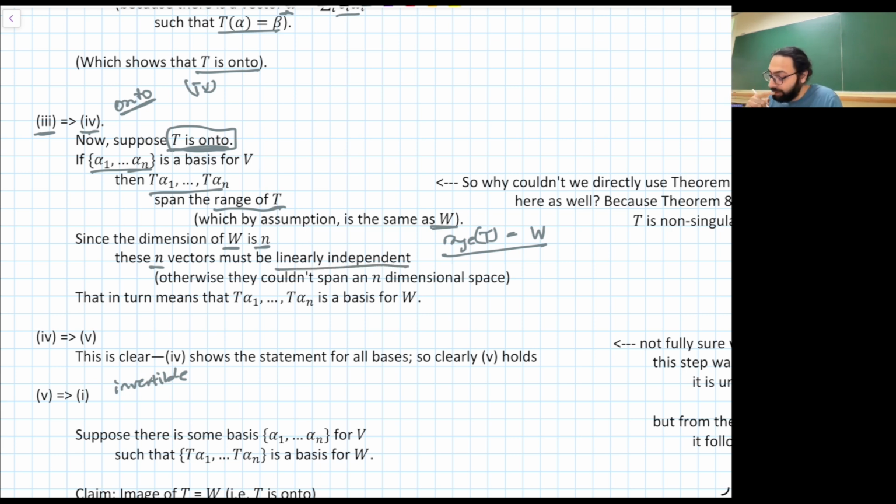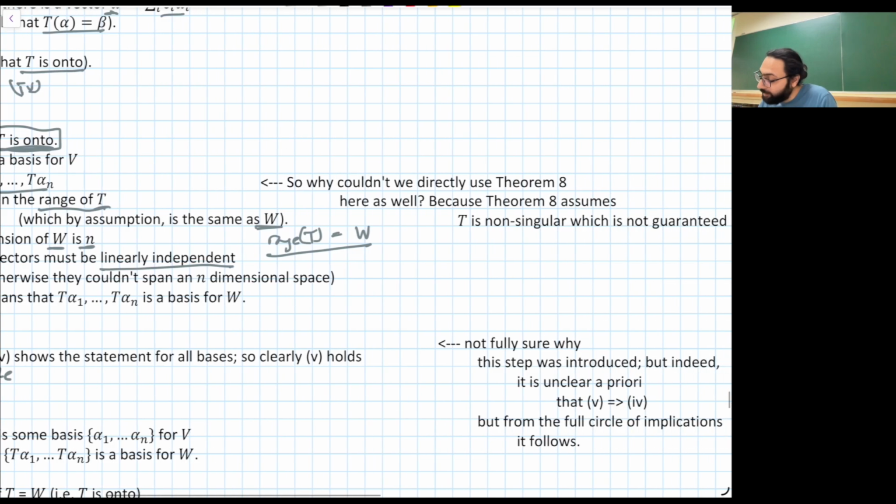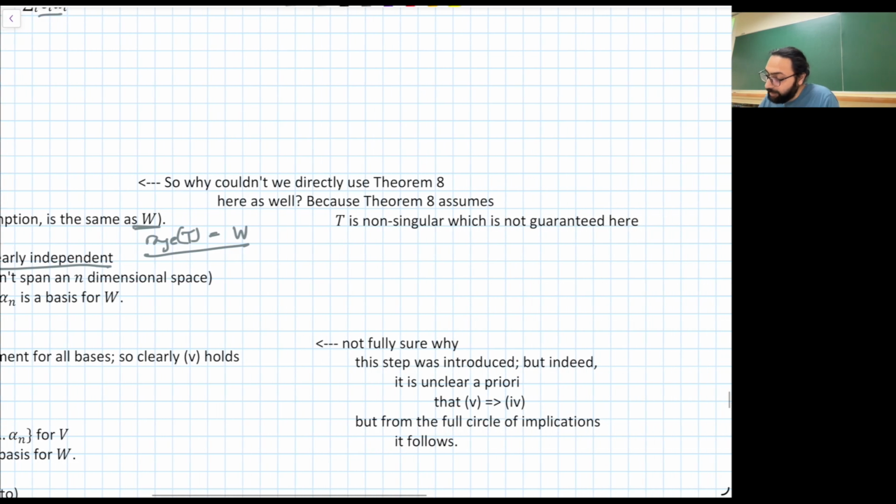Okay, so I think I maybe messed up a little bit. I was thinking that maybe we could use the theorem that says you map linearly independent vectors to linearly independent vectors, which is what I was saying. But in that theorem, you're assuming that T is non-singular, right? Because obviously you could map everything to 0 and still call it a linear operator. Okay, so my reasoning was not correct.